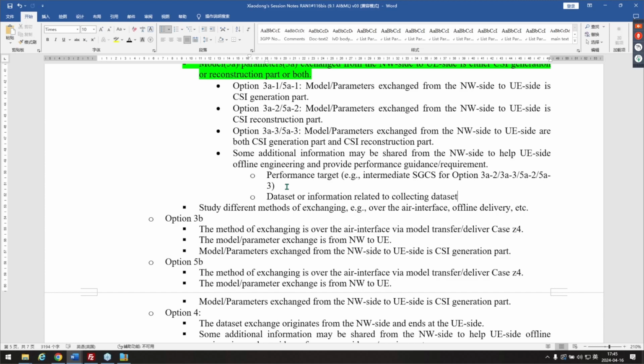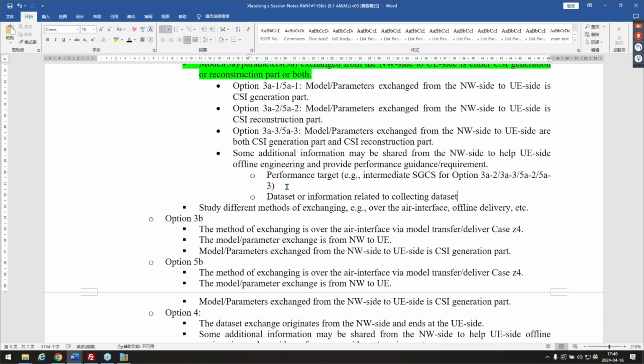Then shall we understand 3A-1 as model or parameter exchange from network side to UE side for the CSI generation part, or the reverse? It complicates the discussion, I think.